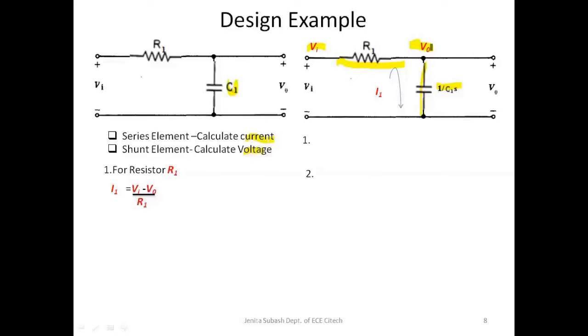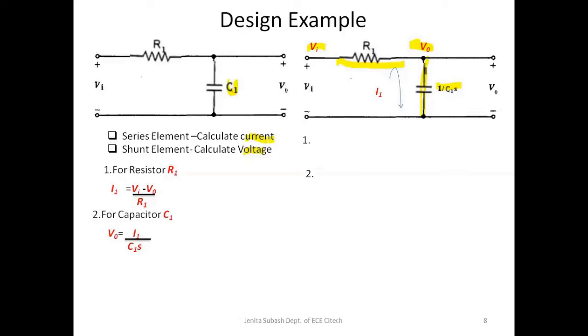Hence, I1 will be equal to (Vi minus V0) by R1. Number 2, for capacitor C1, as the capacitor is a shunt element, we have to calculate the voltage across the capacitor. So the voltage across the capacitor, V0, is equal to 1 by C1S into I1. So we have obtained two performance equations using this electrical network in the S domain.